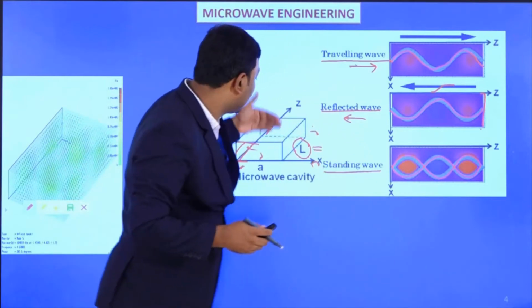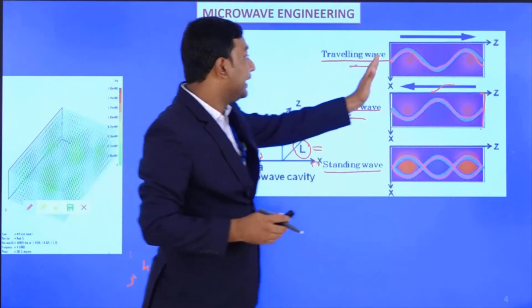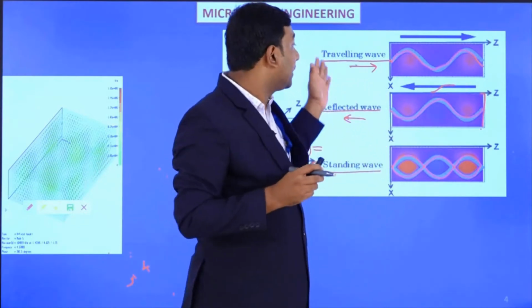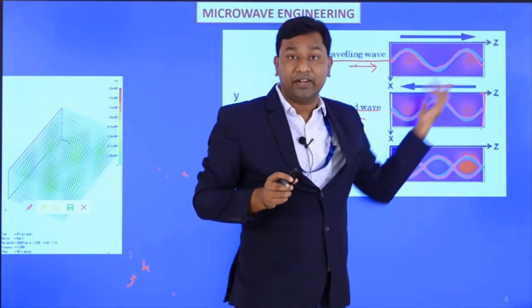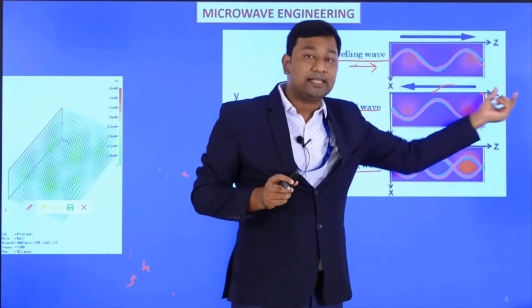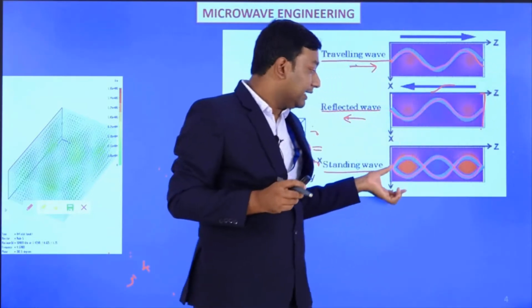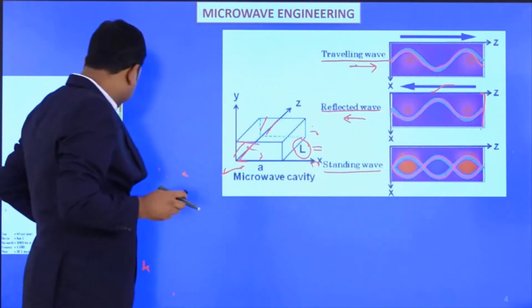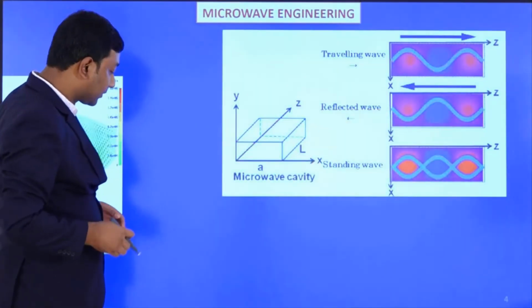In a rectangular waveguide we are not considering the reflected wave, but in the cavity resonator the traveling wave as well as the reflected wave are there, and they create a standing wave pattern.